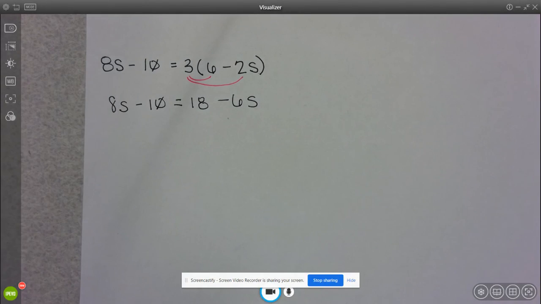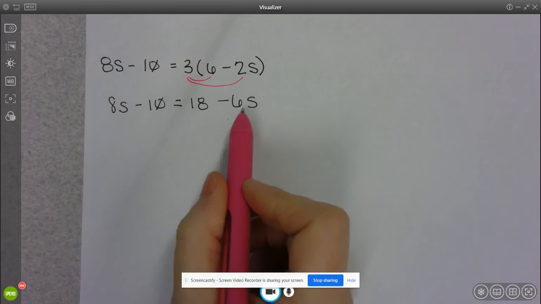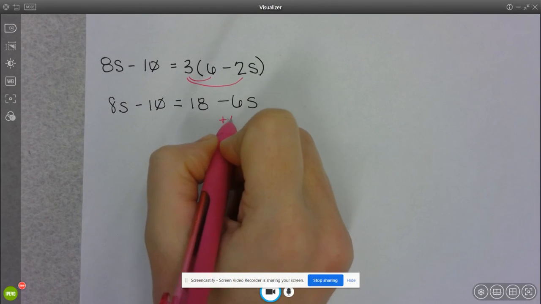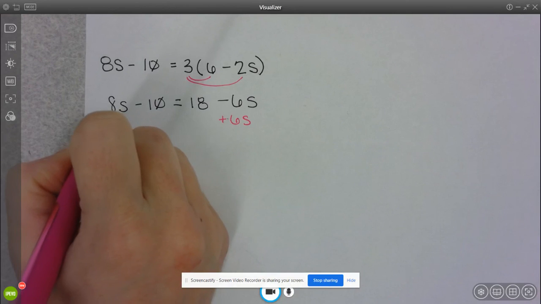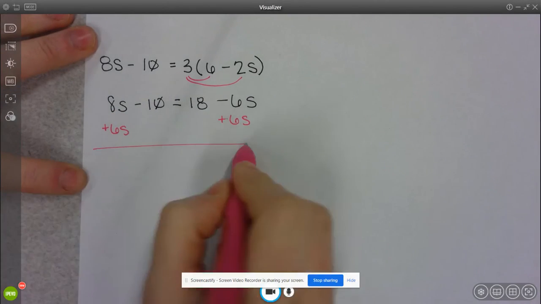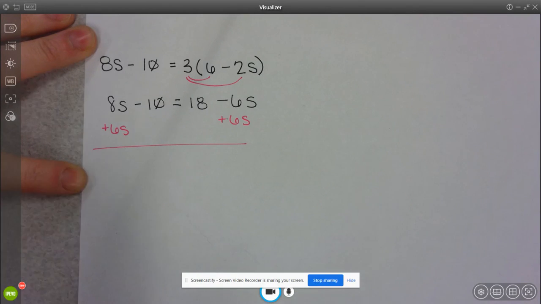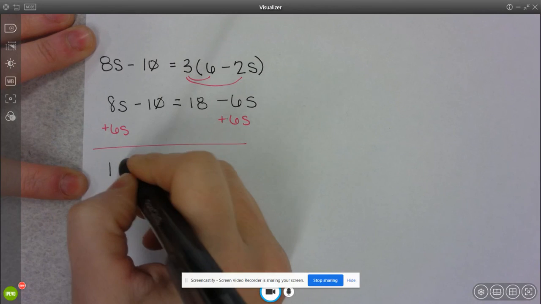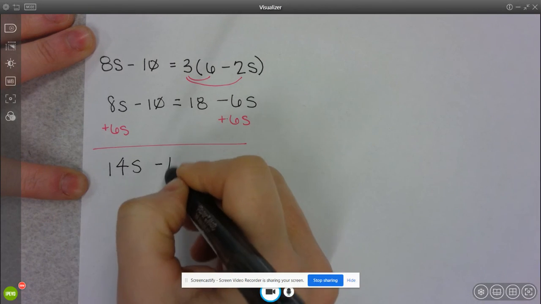And now I'm going to look and see where I have more of my variable. So I have positive 8s on this side, negative 6s on this side. That tells me I want to get this 6s over to the other side because I would rather deal with positive numbers for my variables. So 8s and 6s added together gives me 14s.